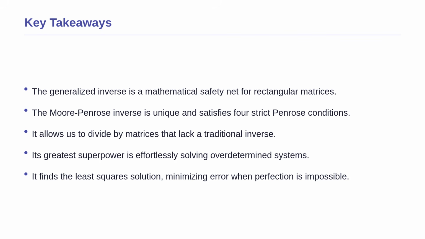Finally, we saw how these concepts connect in the real world. Its greatest superpower is solving overdetermined systems. By finding the least square solution, it minimizes error when a perfect answer is impossible. You now understand the hidden engine powering much of modern data science and navigation. Great job today.